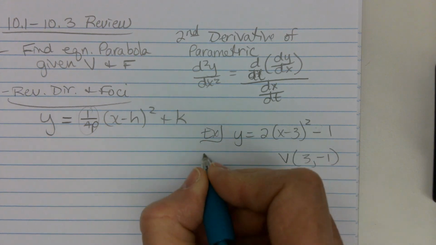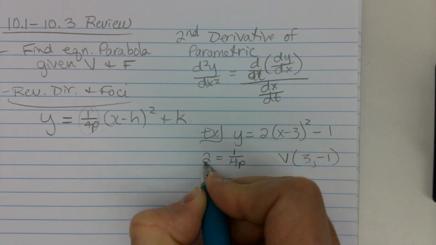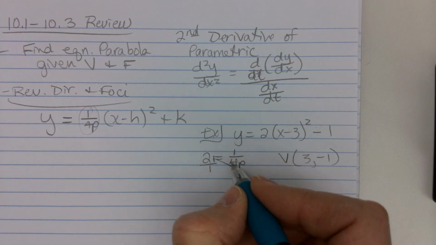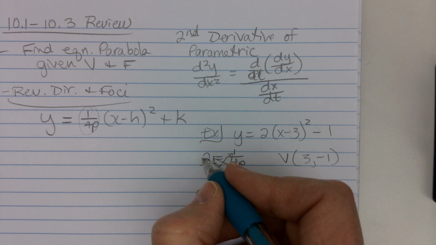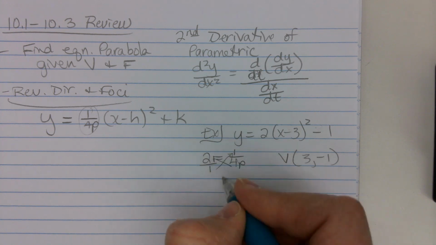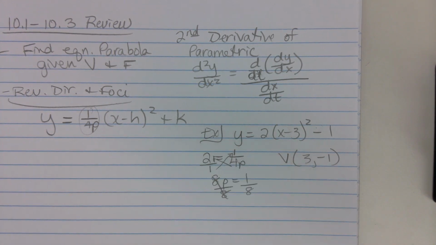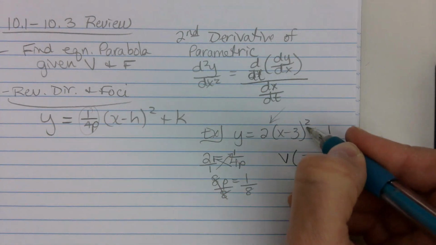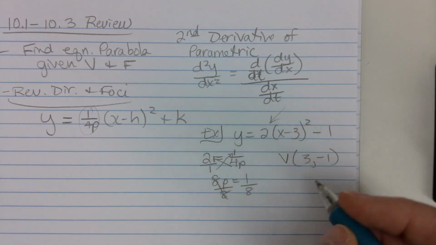So 2 equals 1 over 4p. If worse comes to worse, go back to cross multiplying. That's pretty much pre-algebra, right? Cross multiplying, 8p equals 1, so p is 1/8. I know this is an up-down one because the x is squared, and it is opening up.